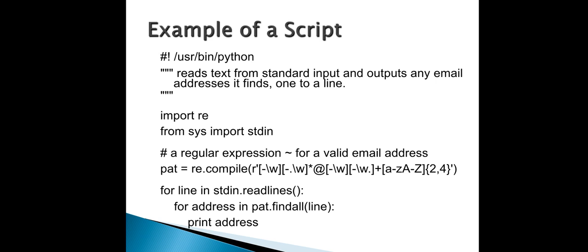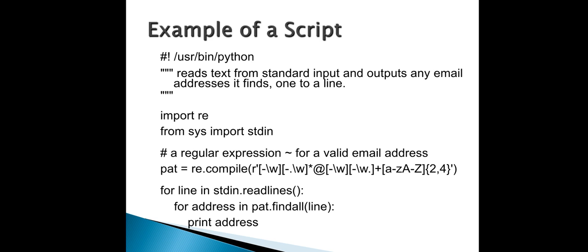Triple quotes are used to print multiple lines. Like in C and C++ we use double quotes for printing, but in Python, when we need to print multiple lines, we can use triple quotes.